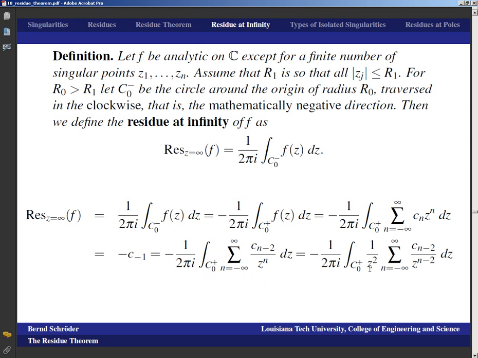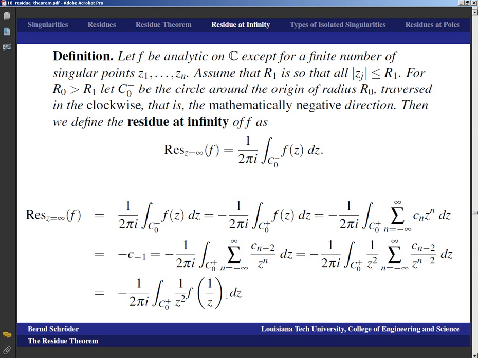Now we factor out a 1 over z squared from this power series to get something that actually looks like the expansion of the function f. We still have the c_n's, it's just shifted. And so this is just negative 1 over 2 pi i integral C0 plus 1 over z squared f of 1 over z dz, which is an integral of a rather strangely defined function.